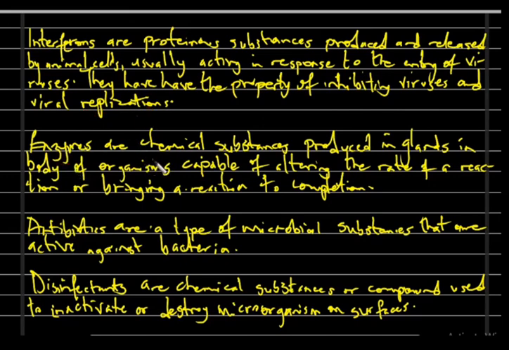Enzymes are chemical substances produced in a living body, but they do not act against viruses. Antibiotics, some of them can be produced in bodies, but they act against bacteria, not viruses. And disinfectants are chemical substances that act against microorganisms, majorly bacteria. So the answer to our question is the interferons, option A.